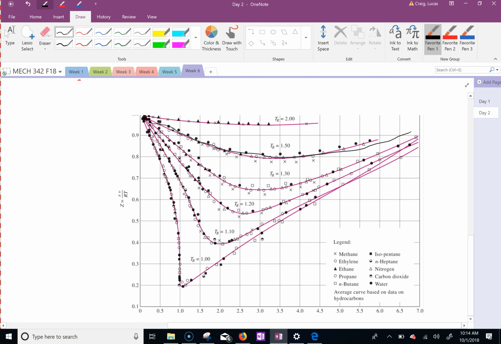That is one value of TR, which is 1.5. So you kind of have to identify what your PR value is. So say we're at 3. And our TR value is 1.5, so we're right here. Then what we do is we go left, and we find that Z is 0.8. Okay, so that's how we use this chart to figure out our compressibility factor.